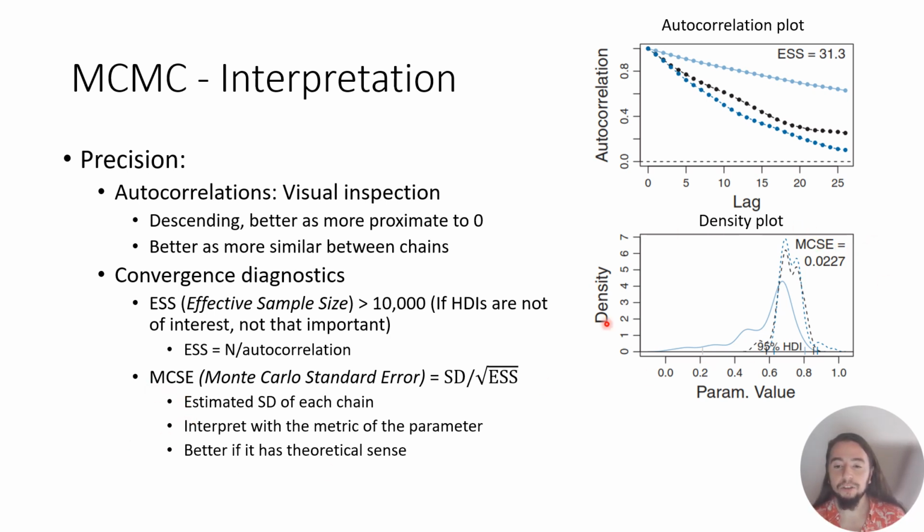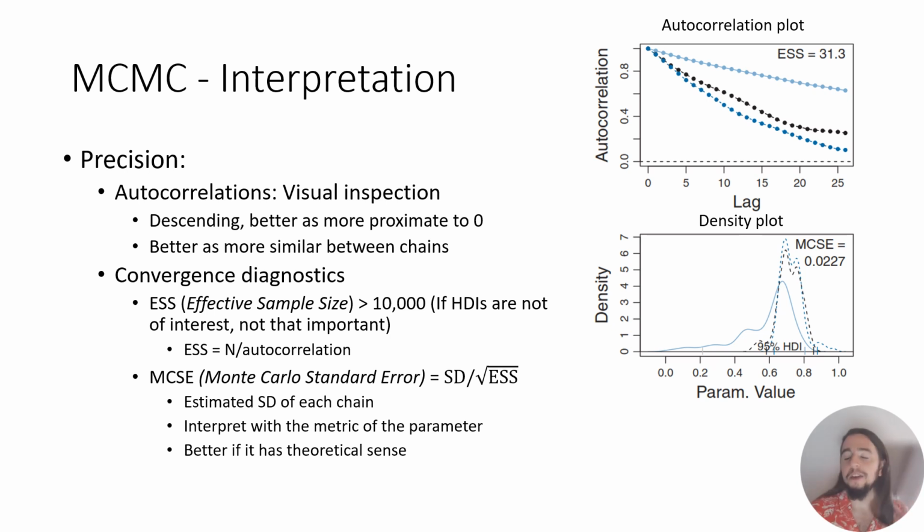We can plot the density curves of each chain to see if they are okay, if they give realistic values, and if they are very similar between all of the chains. Also, we can calculate the MCSE, or Monte Carlo standard error, because it is expressed in the metric of this parameter. So we can interpret whether they give realistic values or not.